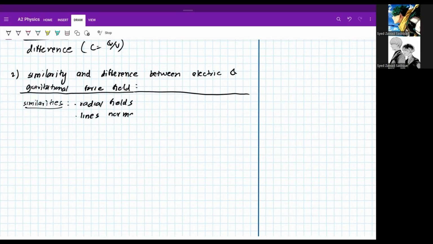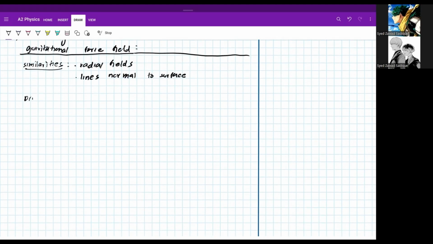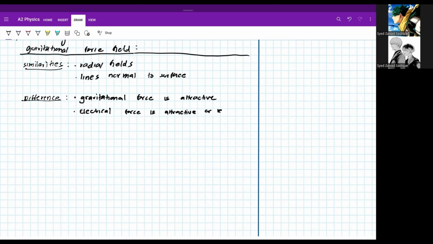The difference is gravitational force is attractive and electrical force is attractive or repulsive or both. Whichever you can write, both or one, it doesn't matter. Okay.